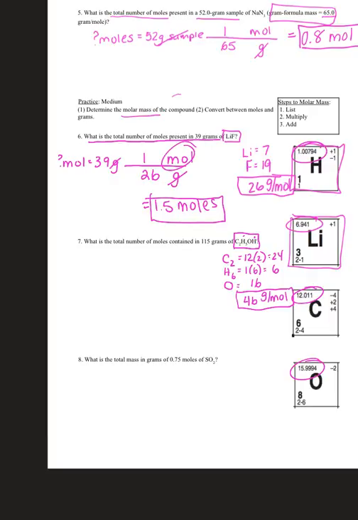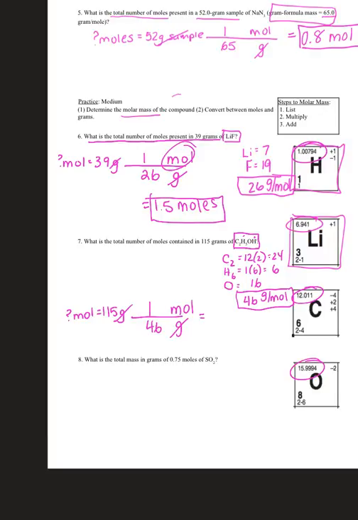Okay, so back to the question. What is the total number of moles contained in 115 grams? Let's set that up. How many moles are equal to 115 grams? Okay, grams on the bottom, moles on the top. I have 46 grams, grams cancel gram, for every 1 mole.